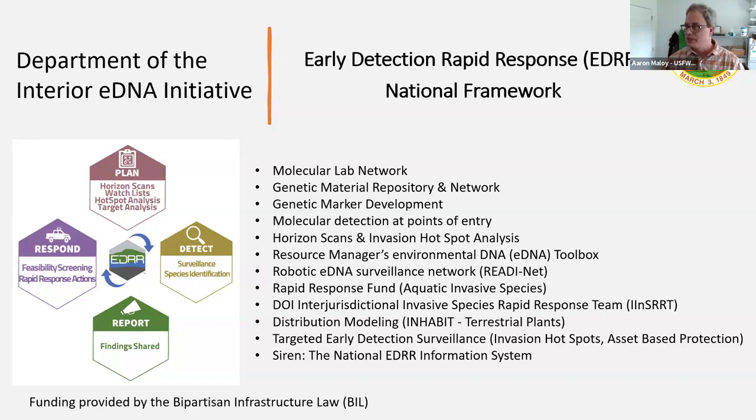There will also be a USGS lab that's there for science support to support the Molecular Lab Network. And that's really designed to build the capacity within the Department of Interior to work with partners and do more environmental DNA work on the landscape and further build this early detection and rapid response network for invasive species.